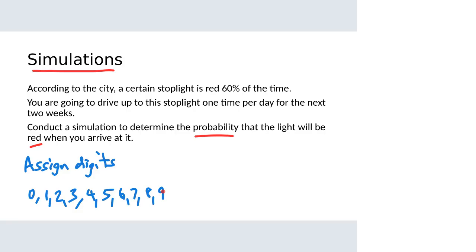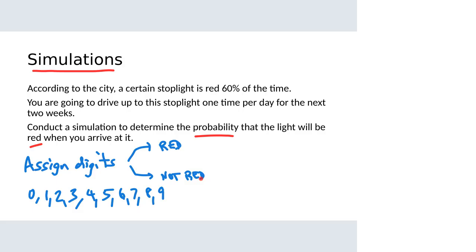Does it mean the light's red, or does it mean the light is not red? When we're assigning our digits, we want to assign some digits to mean red, and some digits to mean not red. I guess we could say red, yellow, and green, but we don't have any information on yellow and green in here. So we're going to stick with red and not red.